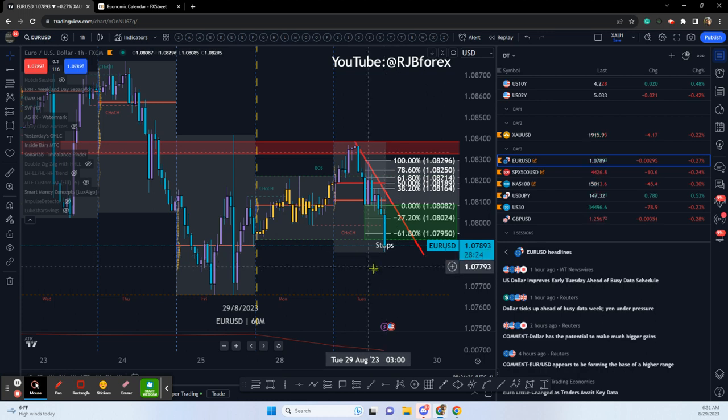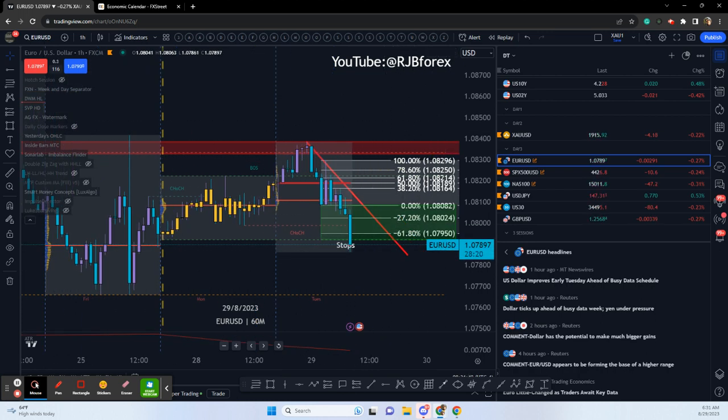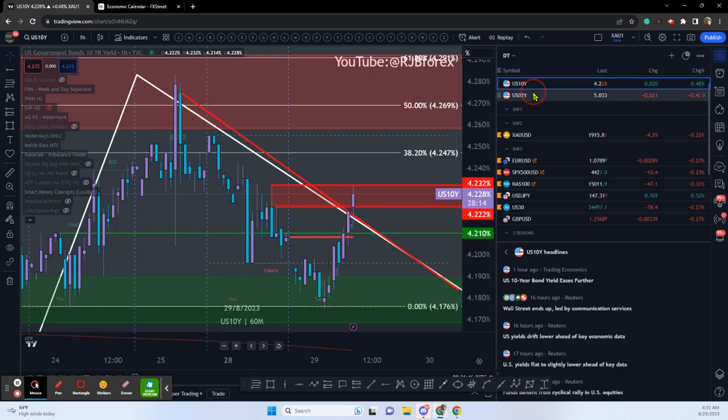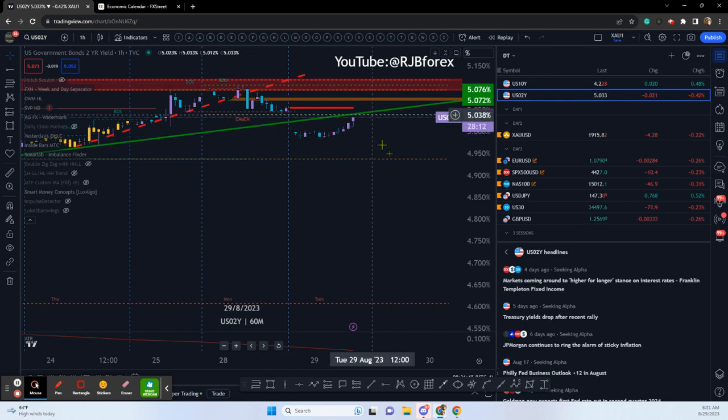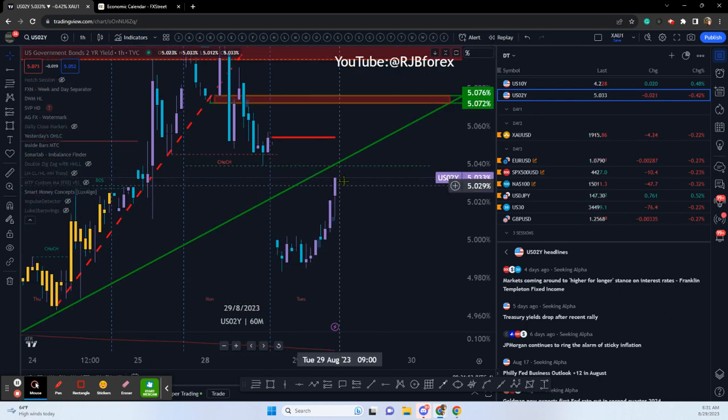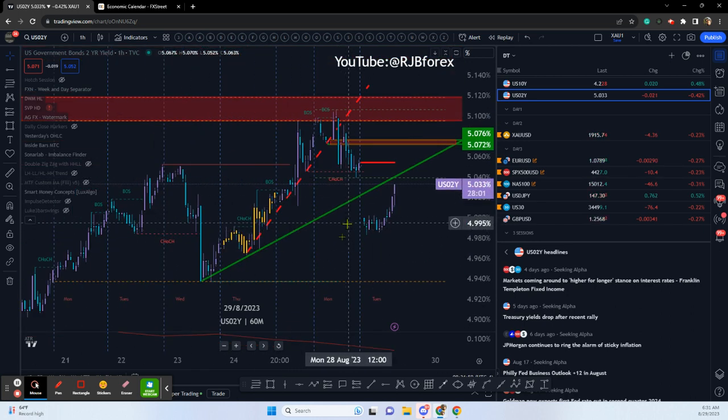Let's see if we get some stability and then the drive higher. The dollar is on a tear indeed, yeah. These yields are coming back on the 2-year to close the gap. Gap's lower, pumping up, perhaps to come back down.